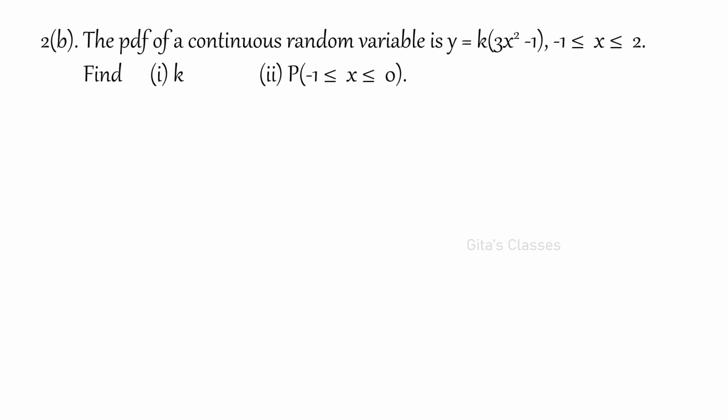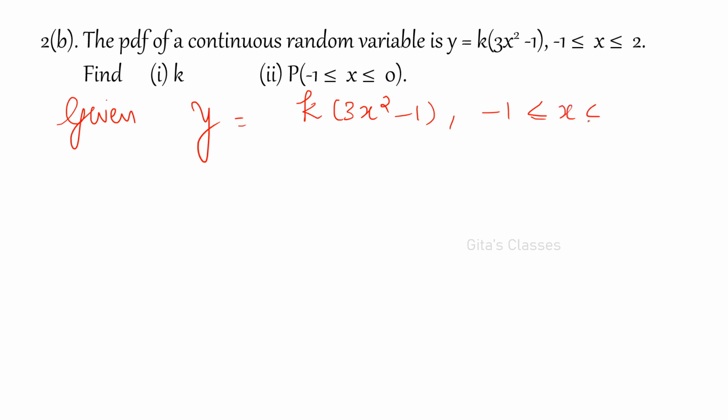So next is the second one, continuous PDF, and here again in the place of f of x they have given y. So y is equal to k into 3x squared minus 1, where minus 1 less than or equal to x less than or equal to 2, 0 otherwise. This is the meaning. They have not mentioned it, but it is the meaning.